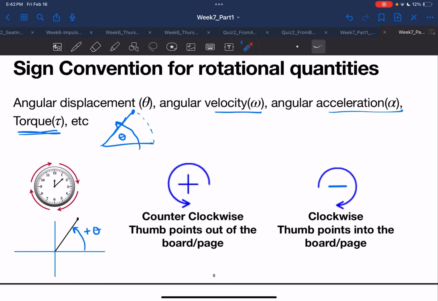Also note, this is completely dependent on what perspective you're looking at the situation from. So as I'm looking at my iPad as I record this, am I looking at it from the top of the iPad? Or on the other hand, I could look behind my iPad to the back of this.